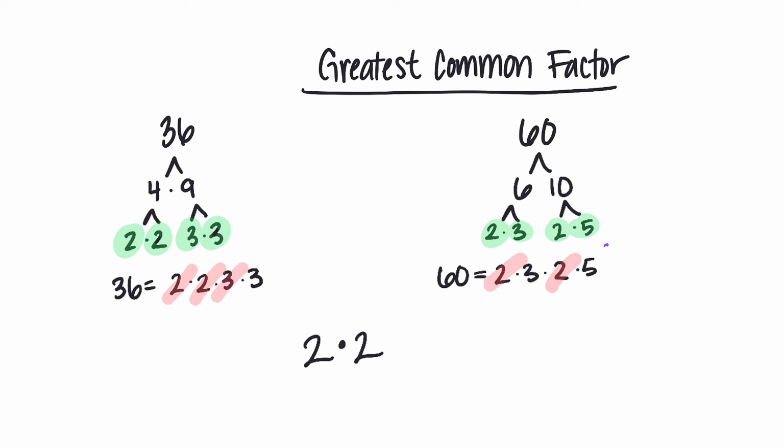I can see that they share a 3. And that's it. They don't share that last 3 or that last 5. So I can go ahead and multiply this out. 2 times 2 is 4. 4 times 3 is 12. So our greatest common factor between 36 and 60 is 12.